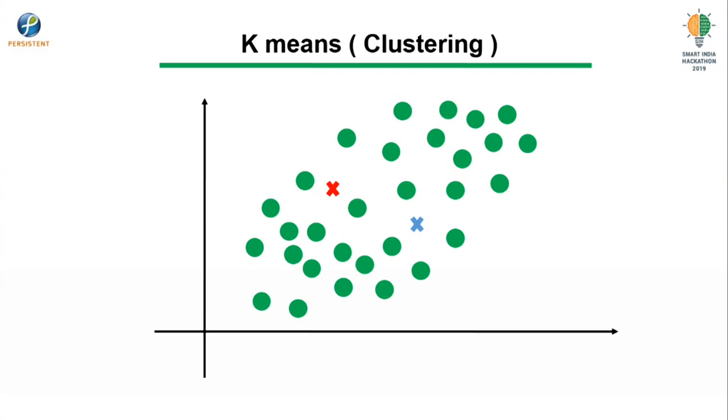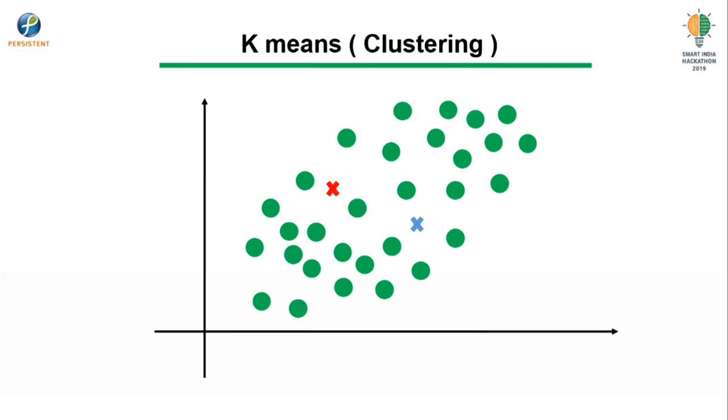Once this iteration is over, the second iteration begins and follows exactly the same 4 steps one by one. For example, with this new position of seeds, each of the data points is asked, are you now close to red or are you close to blue? If you are close to red, turn red.